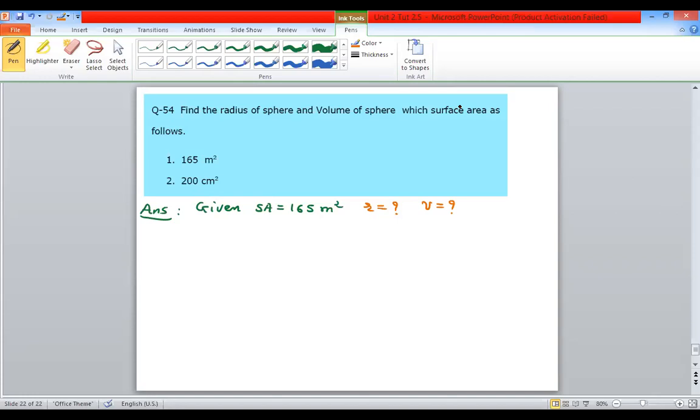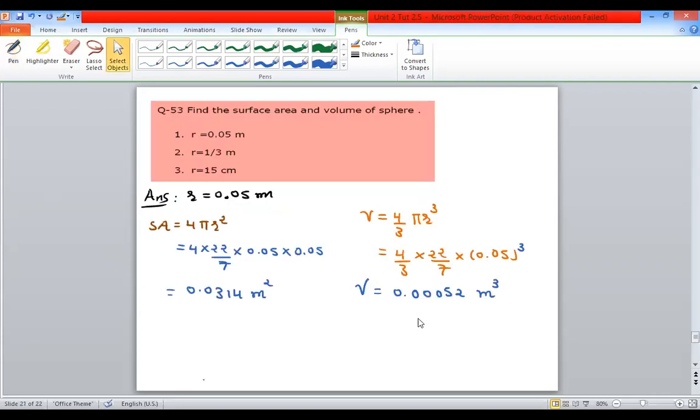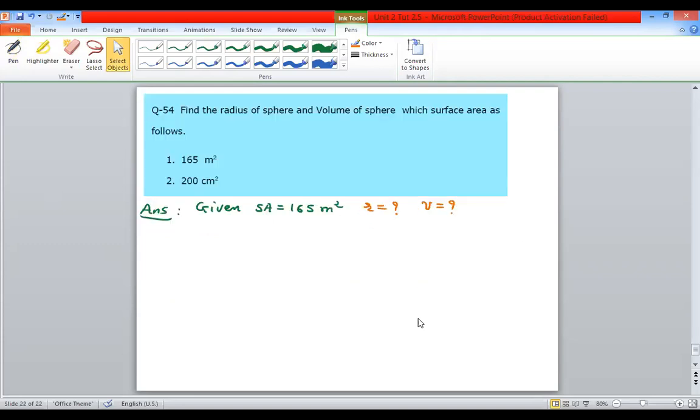Okay, let me try to find the surface area and the volume. Good, all of you. This is your last question which we solved. That question only represents a formula based question. Now the second is something new. Here you have a surface area, then you can find the volume.